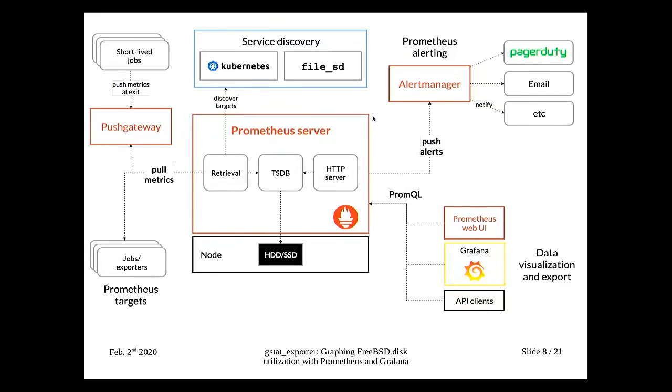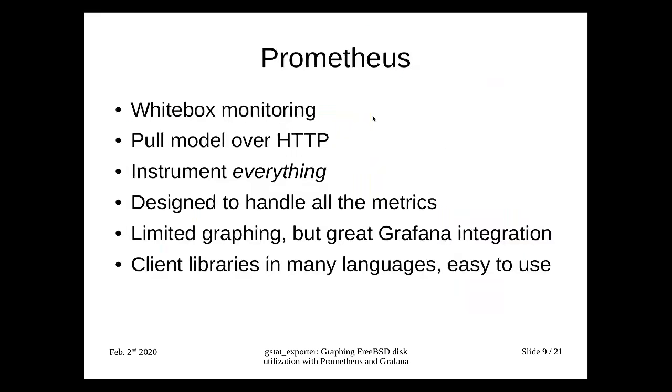So when you add some threshold or something you want to be alerted on in Prometheus, it pushes an alert to Alert Manager, and Alert Manager handles all the nitty-gritty with who is on vacation now and who has the duty and who does what. So all that complexity is separate from Prometheus.